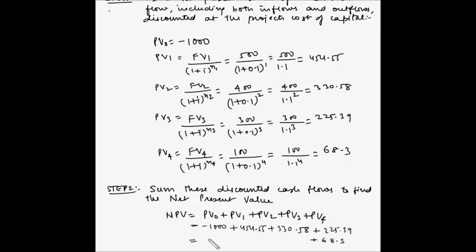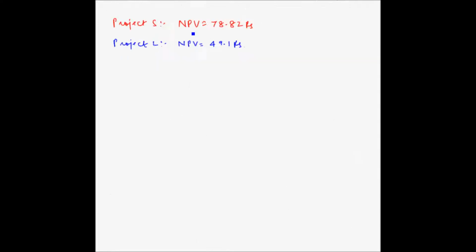This calculation comes out to be 78.82 rupees. So as we found out, the NPV for project S is 78.82 rupees. Now similarly, when we complete step 1 and step 2 for finding out NPV for project L, the NPV comes out to be 49.1 rupees.